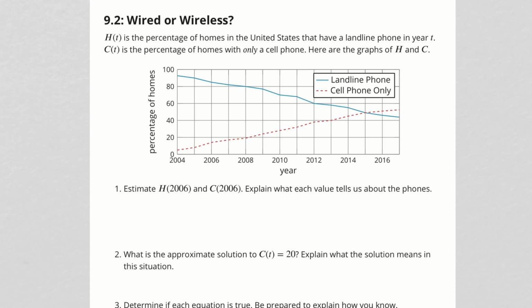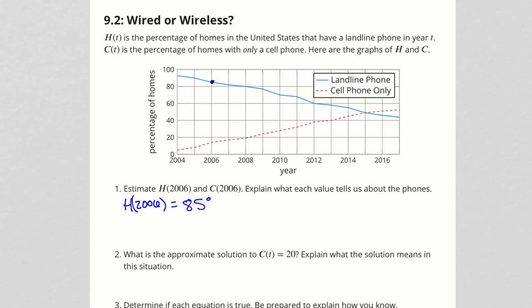Okay, so we're going to estimate the homes with landlines in 2006. We're going to go up to the blue line. What do you guys think that is? That is at least 85. Probably about 85. I think that's a good percentage. Let's say about 85%.